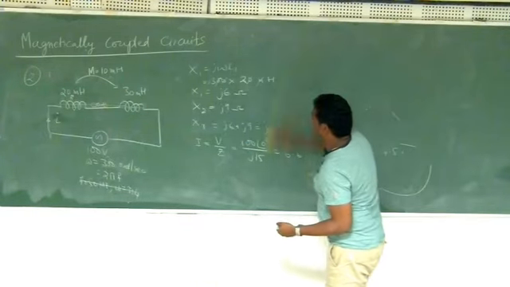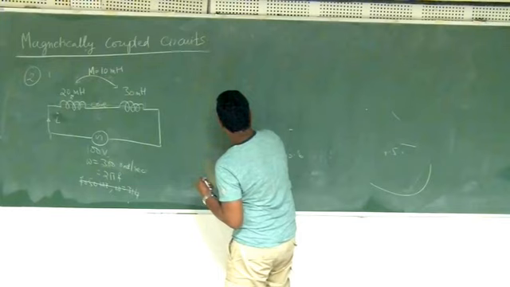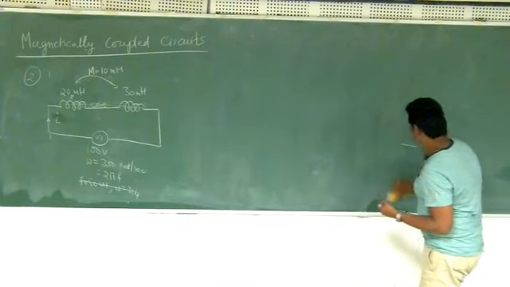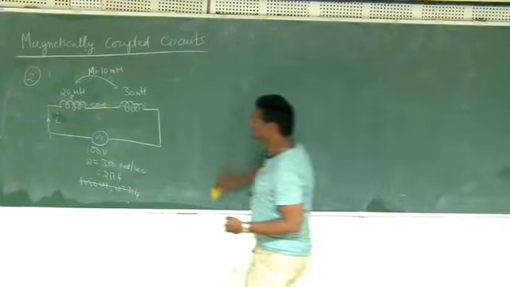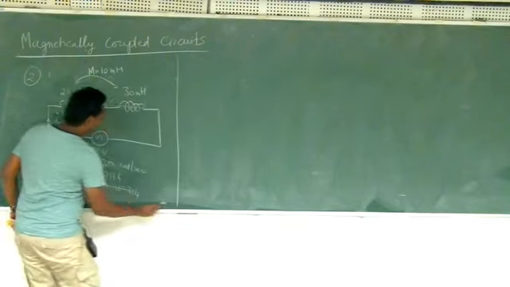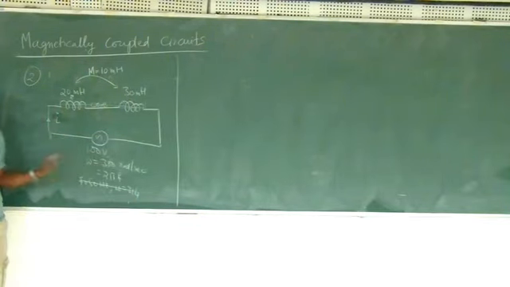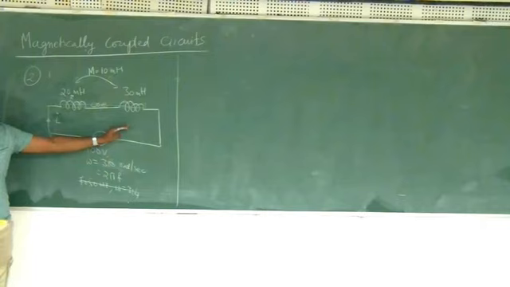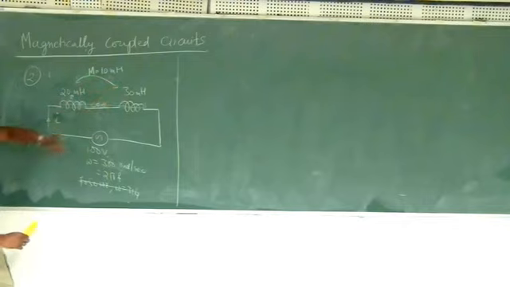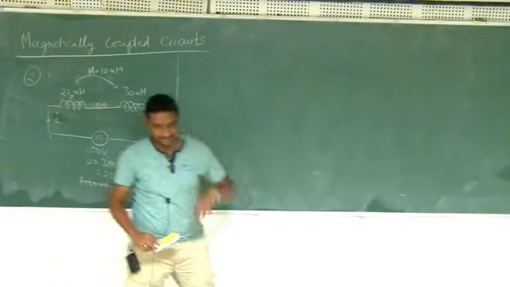Now I'm asking you the question. Given this circuit, 20 millihenry, 30 millihenry in series, and a core which causes a mutual inductance of 10 millihenries between them, what is the current?